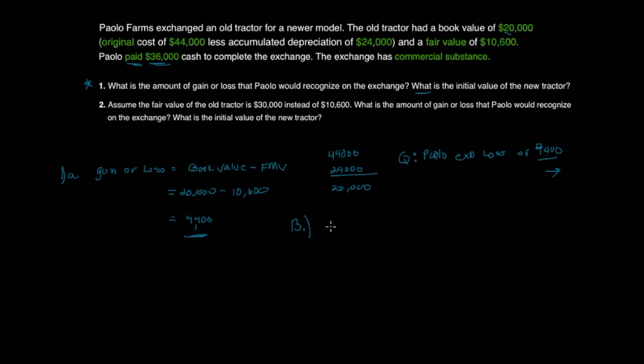So we will go ahead and start by taking the fair value of this asset, which is $10,600. So fair value, FV, is $10,600, and then we take the cash given, of $36,000.